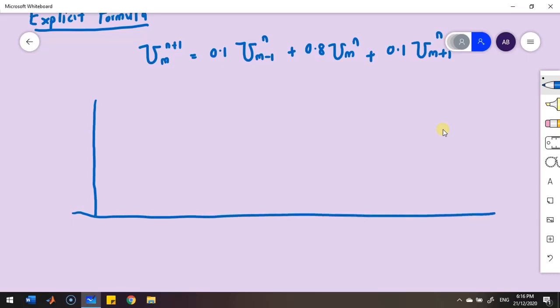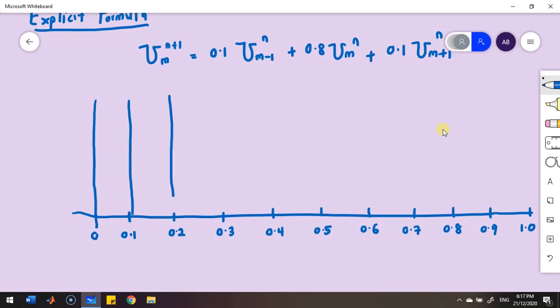I'm going to divide this. This is my 0, and h here is 0.1, 0.2, 0.3, 0.4, 0.5, 0.6, 0.7, 0.8, 0.9, and 1.0.